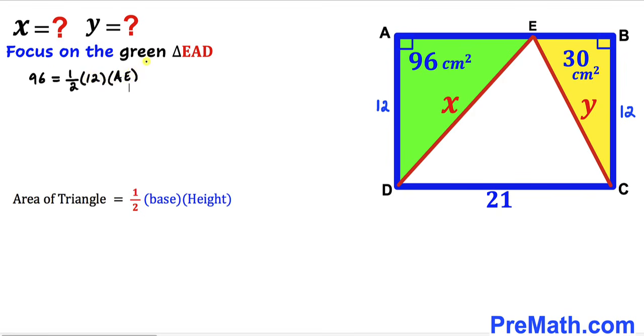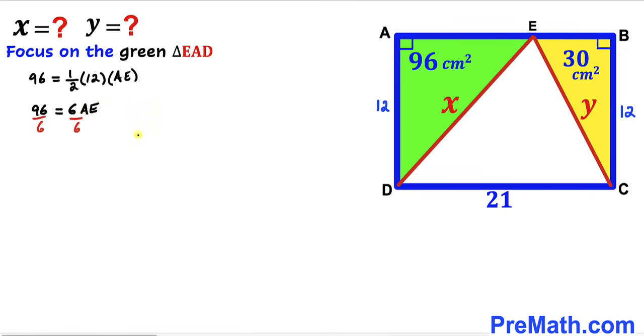Let's simplify: 96 equals 6 times AE. Let's divide both sides by 6 to isolate AE. So our segment AE turns out to be 16 cm.